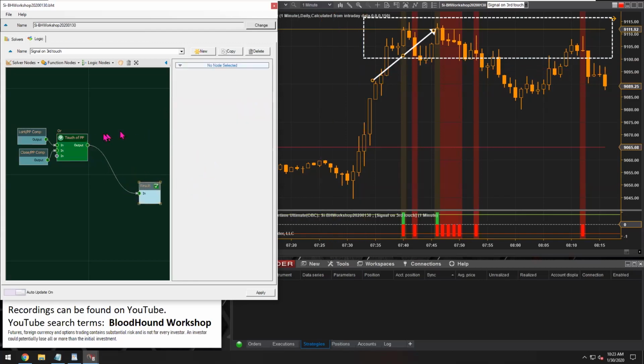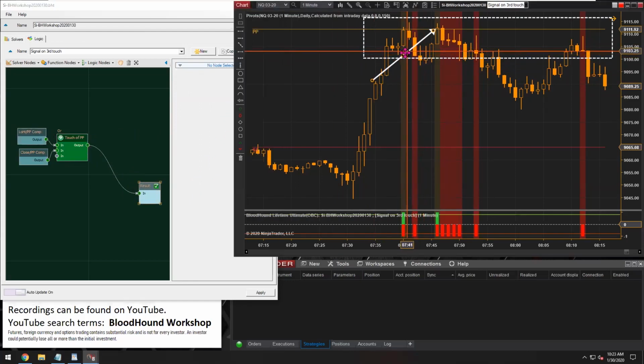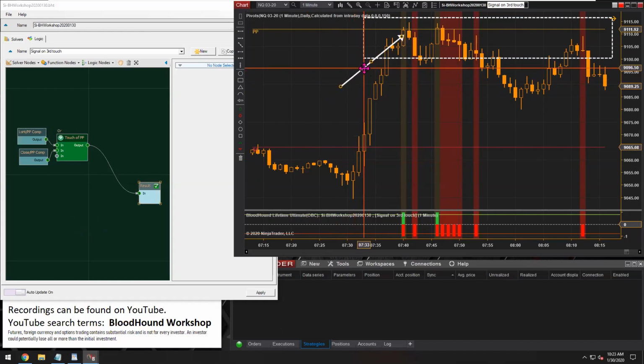All right. So basically, there is our logic for detecting when price gets in proximity of a plot line. Now the next part is blocking the first two touches and seeing the third touch.